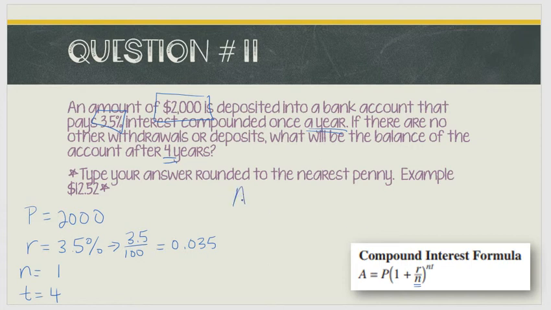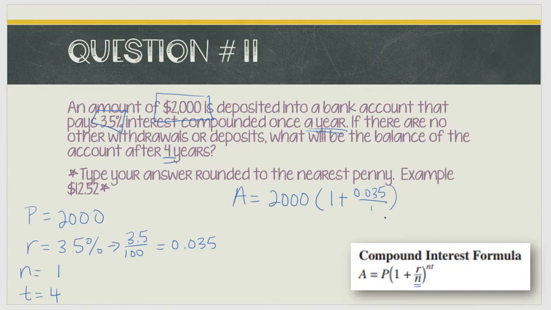So now that I have my variables identified, I can go ahead and substitute them into my formula. So A equals my initial principal, so that's that 2,000 times 1 plus my rate. So my rate is that 0.035. Now, again, I said that the N value here doesn't really matter because we are only compounding yearly, but I'm going to put it in here anyways because if that was quarterly or monthly, it would matter.